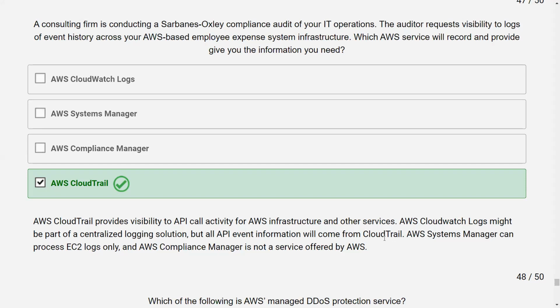The auditor requires visibility to logs of event history across your AWS-based employee expense system infrastructure. Okay, so which AWS service will record and give you the information you need.